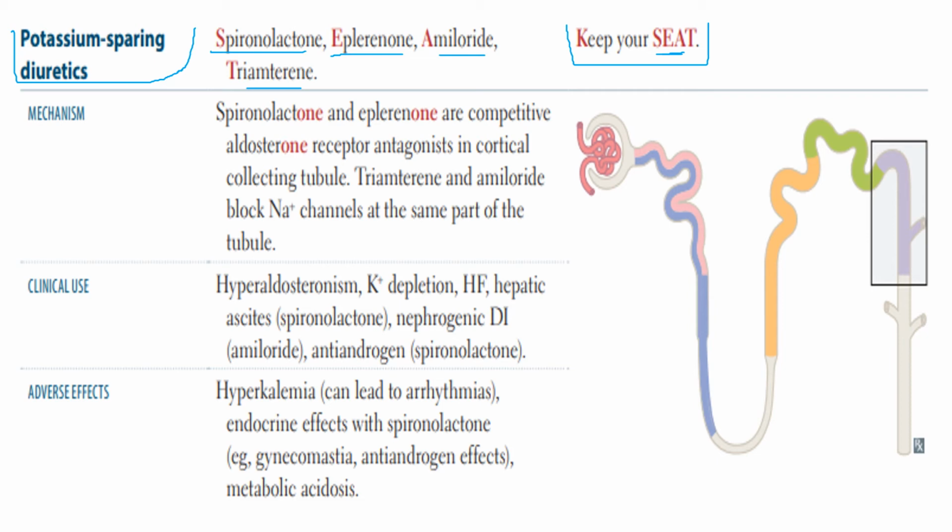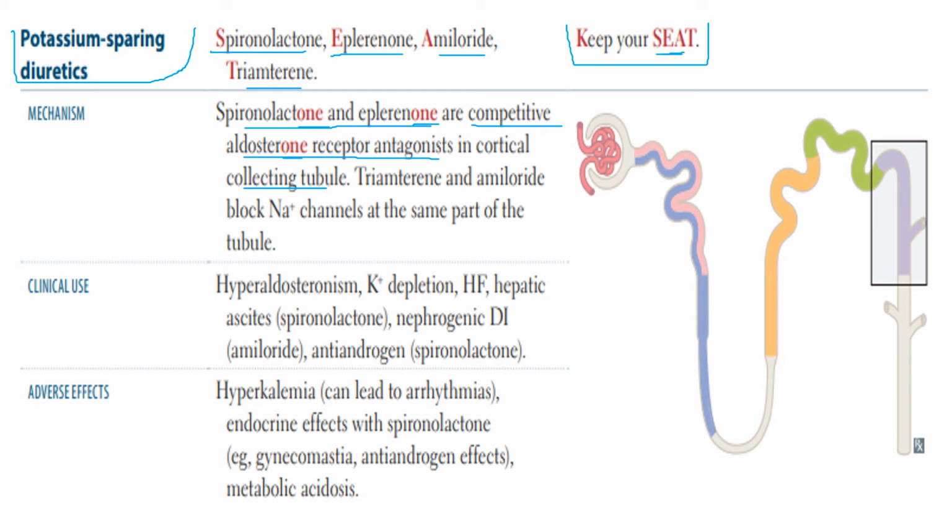Spironolactone and eplerenone are competitive aldosterone receptor antagonists in the cortical collecting tubules. As you can see, there is a "one" in spironolactone, and it is also present in eplerenone and aldosterone.